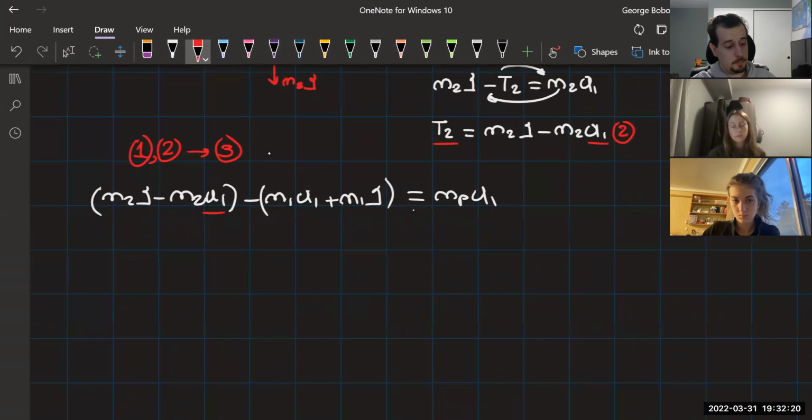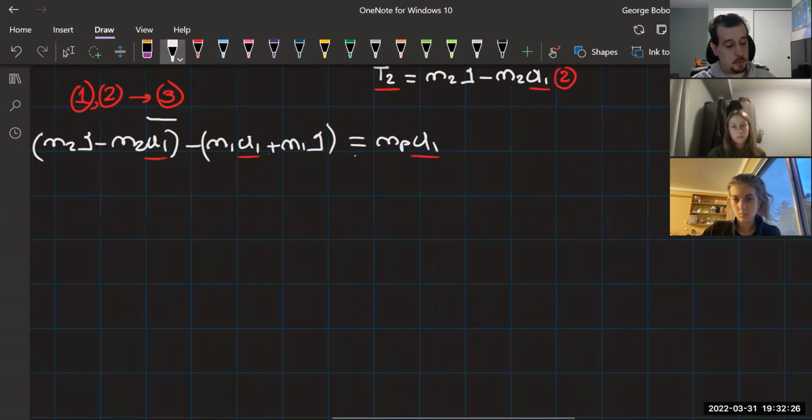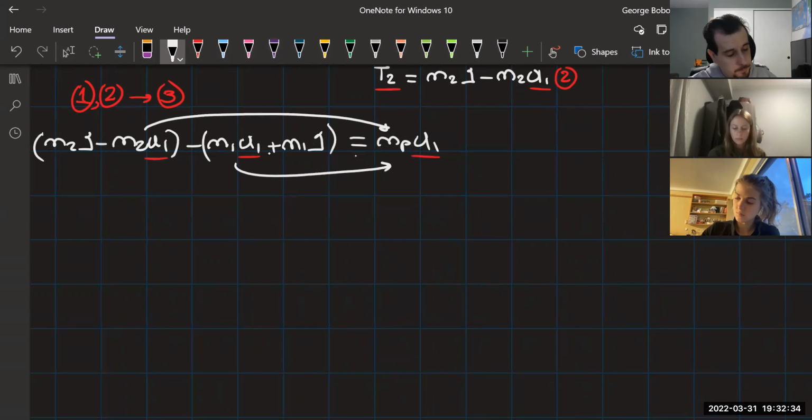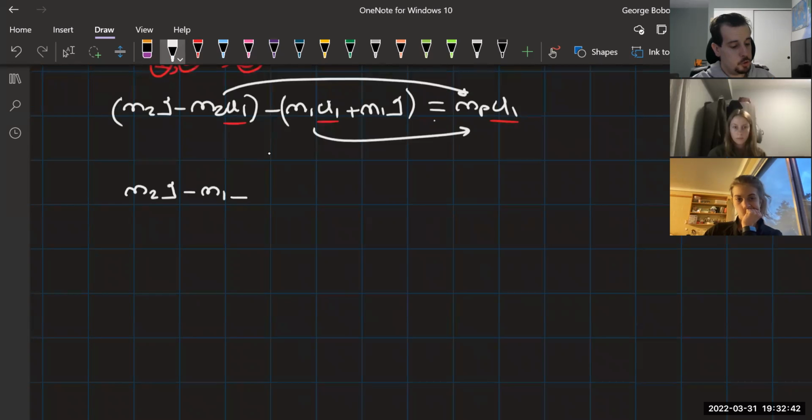We have one unknown. We solve. So bring these A1 terms on the other side, this guy over there and this guy over here. And then collect the G terms together. We have M2G minus M1G. Then MP. We can immediately factor all the masses right now. We can have ourselves here MP plus M1 plus M2 and factor the acceleration A1 outside.